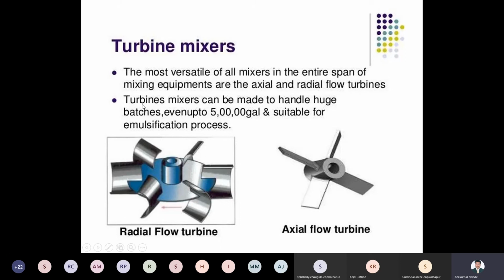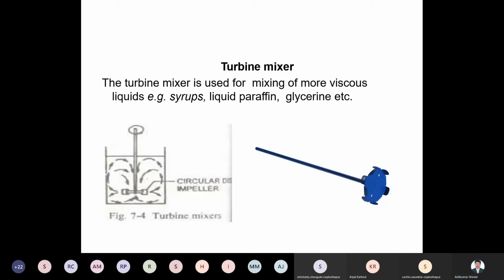Understand? This type of turbine creates the axial flow of the turbine. You can rotate it on its own axis, and with that rotation it produces the axial flow of the turbine. So this is a turbine mixer.